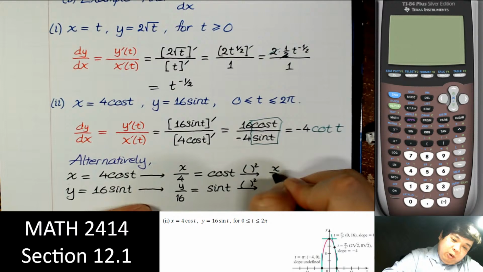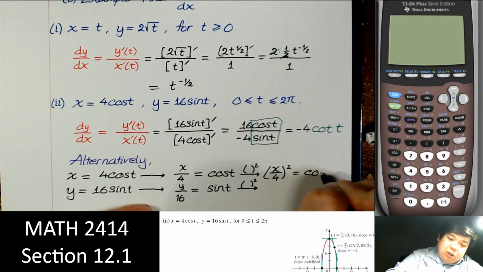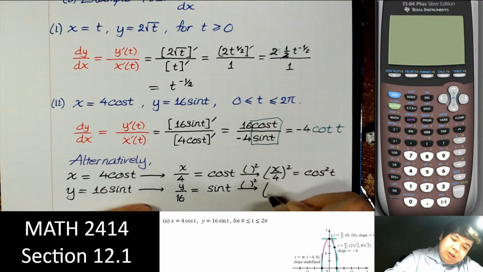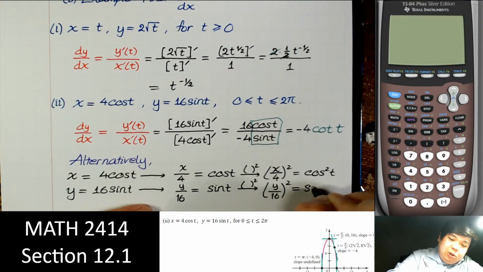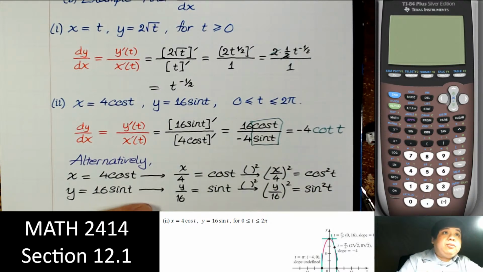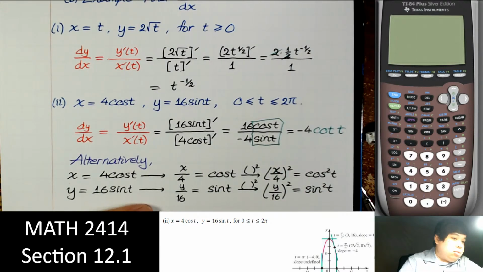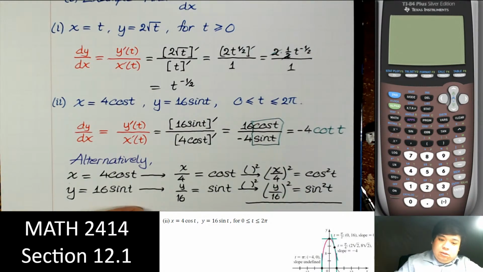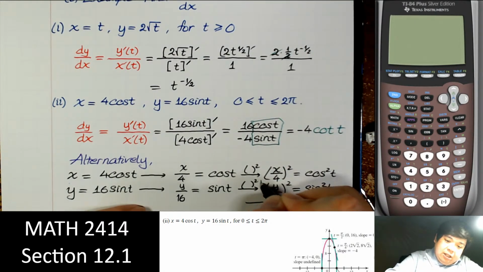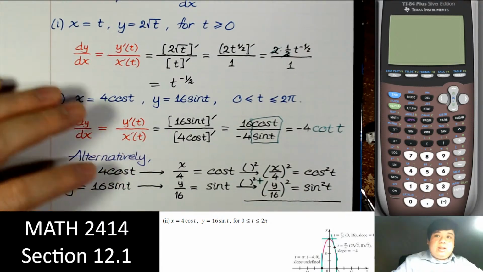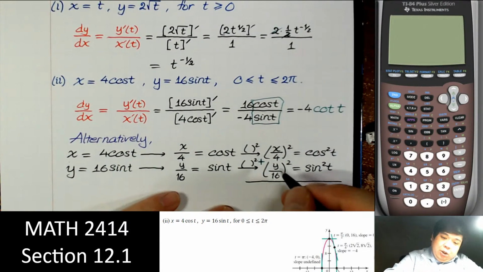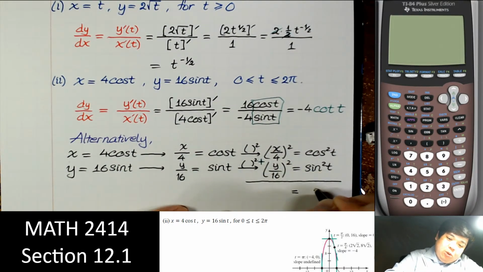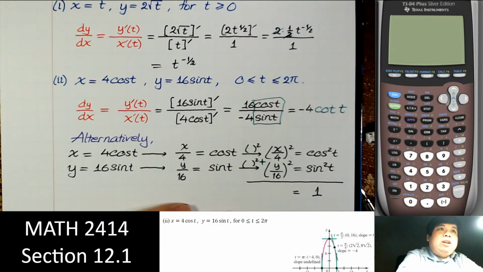Why do we need that? Because when we square both sides, we have x over 4 squared equal to cosine square, y over 16 squared is equal to sine square. And we can add both sides. Cosine square plus sine square is 1.